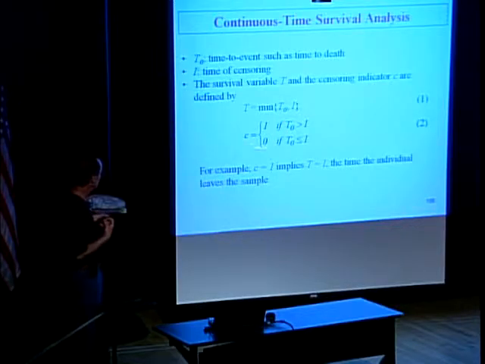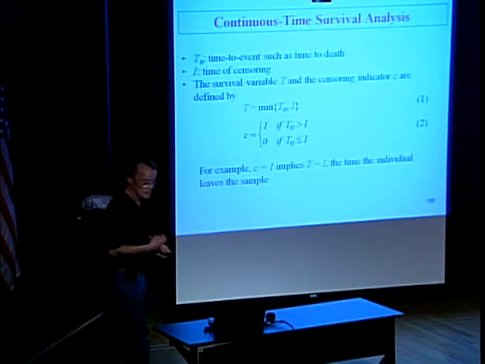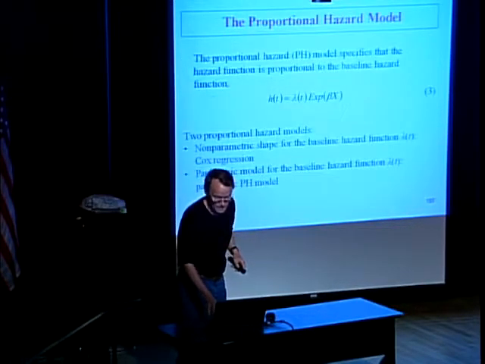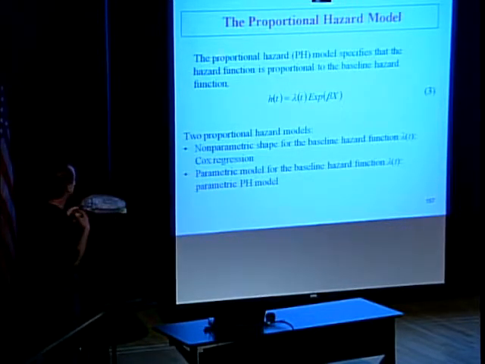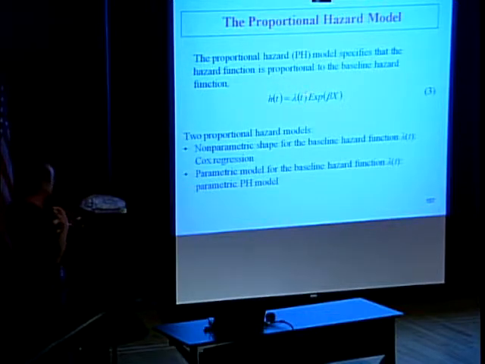So here you're censored, here you're not. This is a model that can be once again expressed as a proportional hazard model, specifying that the hazard function is proportional to the baseline hazard function, where baseline here can be considered to be the intercept of a model where the slopes are in this part.